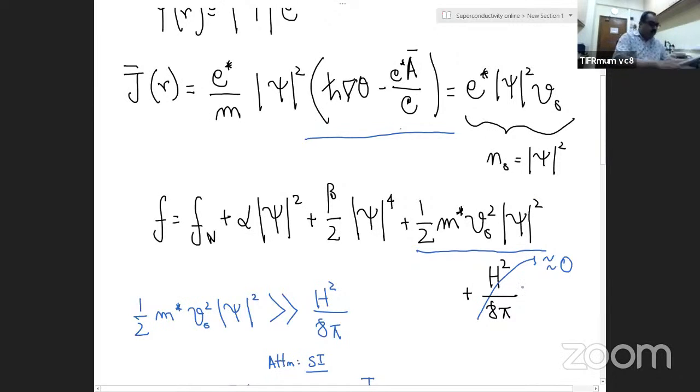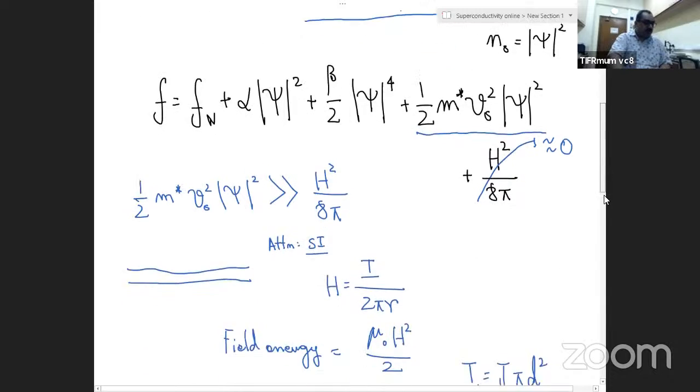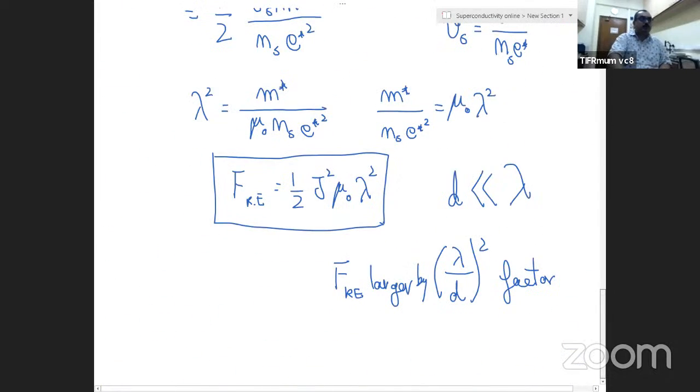Okay. Having set this last term to 0, now minimizing is rather easy. So I have to take this first fourth term and then I have to minimize with respect to psi mod square.